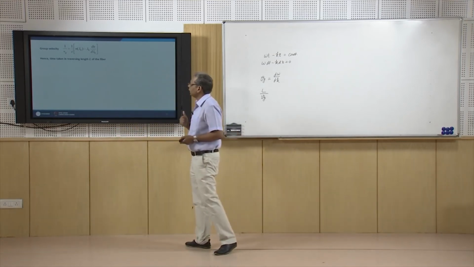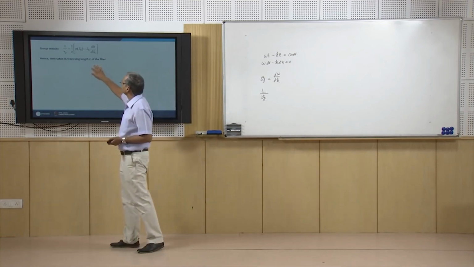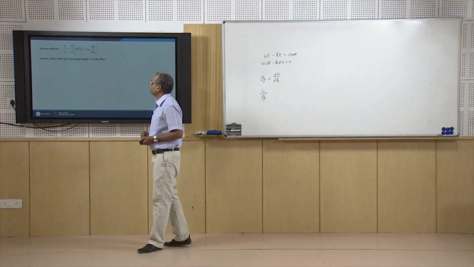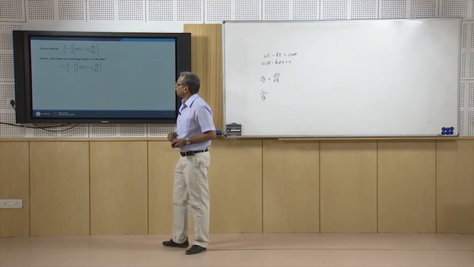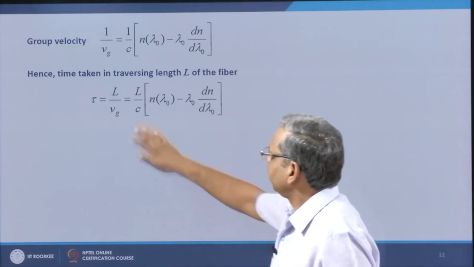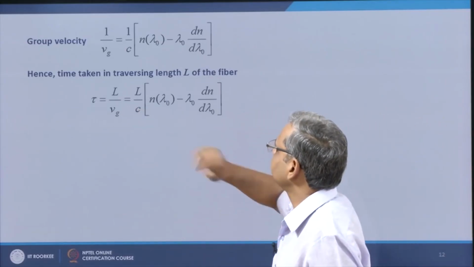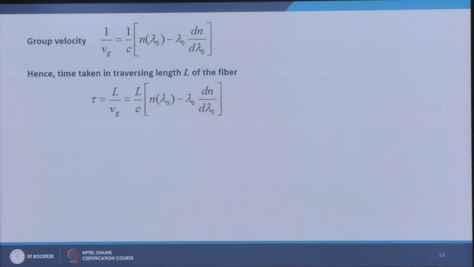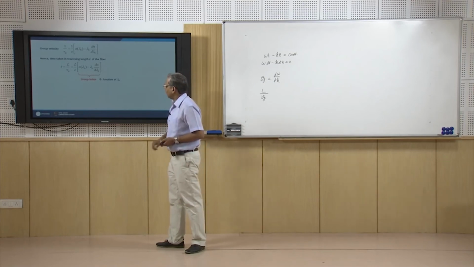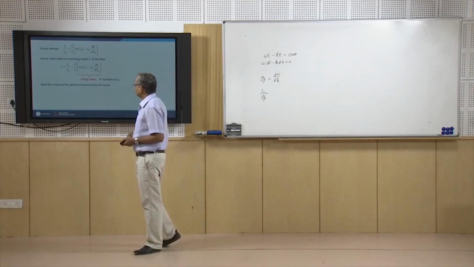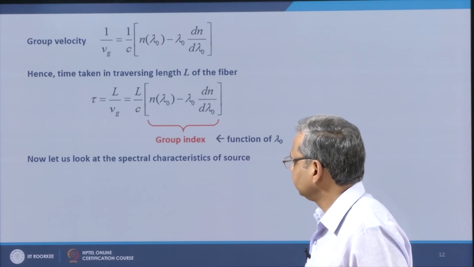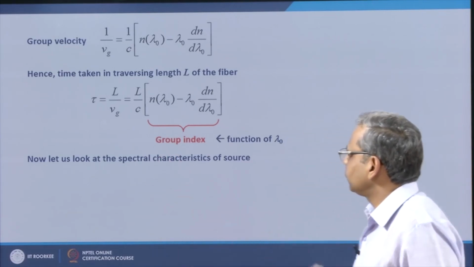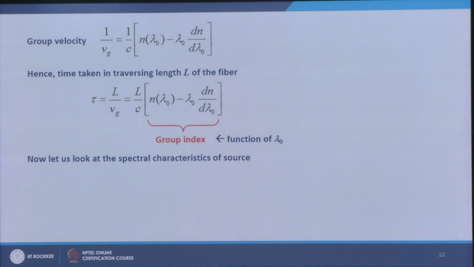Now, let us find out the time taken in traversing length L of the fiber. This would be given by L by Vg, and simply L by c times the group index, and this group index is of course a function of lambda. Now, let us look at the spectral characteristics of the source, what values of lambda naught I have.